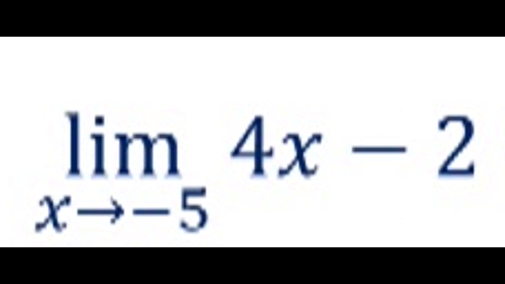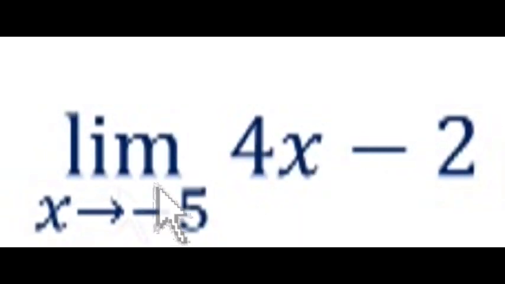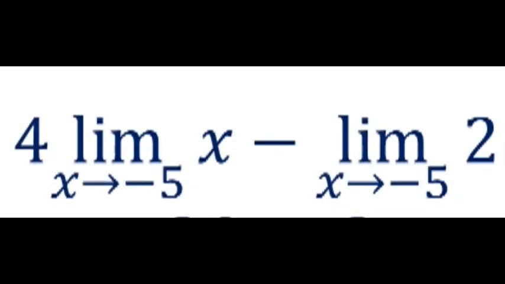Number 2, limit of 4x minus 2 as x approaches 5. The same thing as number 1, you have to separate the 4x and then the negative 2. Take note that this is theorem number 3 before x. So constant 4 moves forward, becoming 4 times the limit of x as x approaches 5.